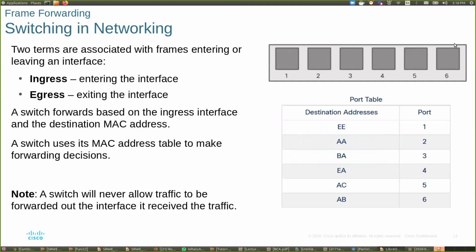So what does that CAM table or the MAC table do? The MAC table is going to get the list of all the destination hardware addresses and the corresponding ports they are connected to on the switch.